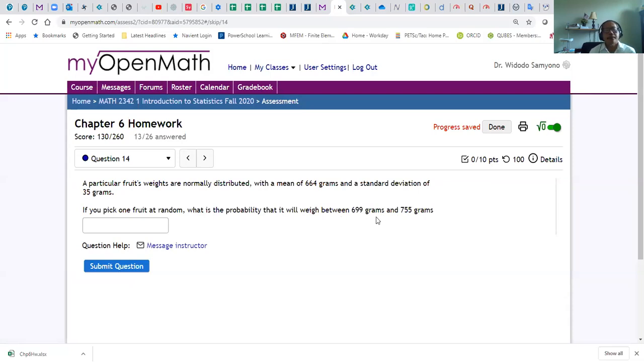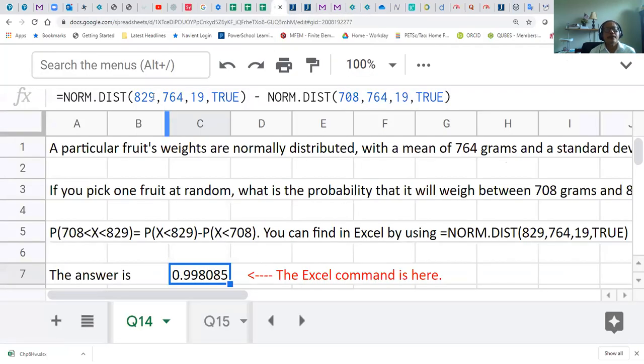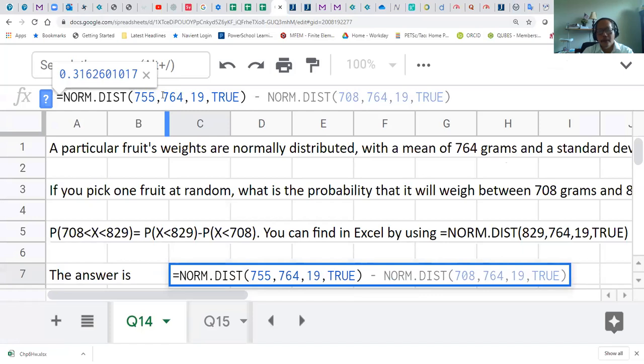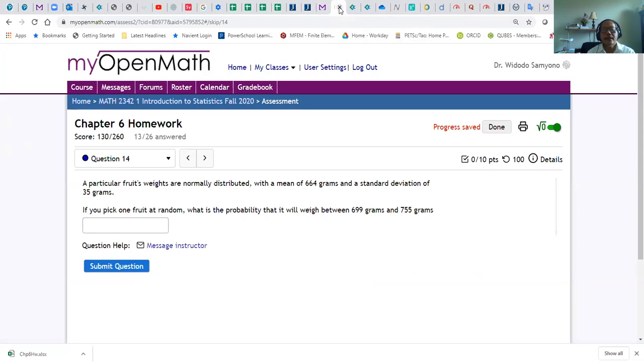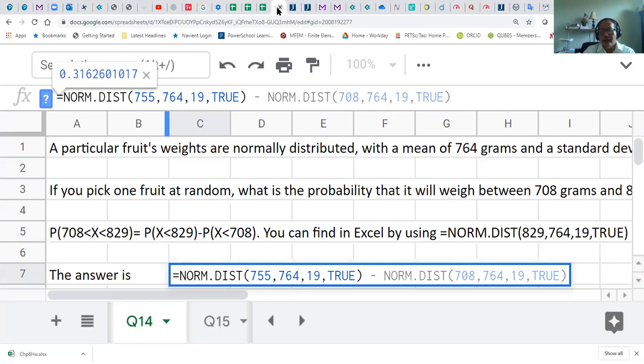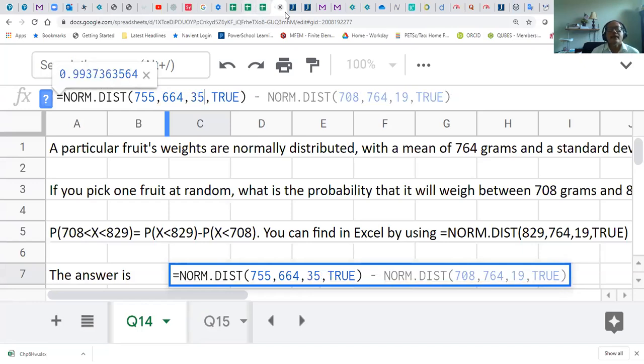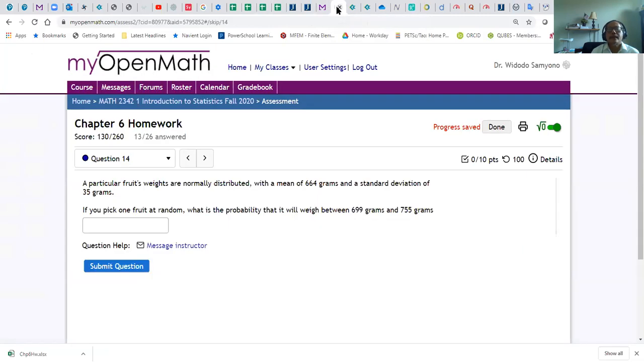So you have 755, right? So you have 755, and the mean is 664, and the standard deviation is 35, okay, and the area on the left is 699.